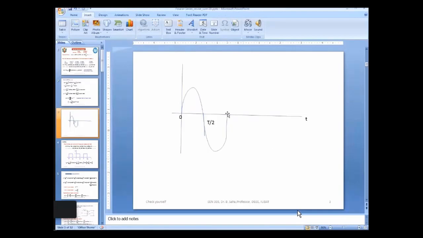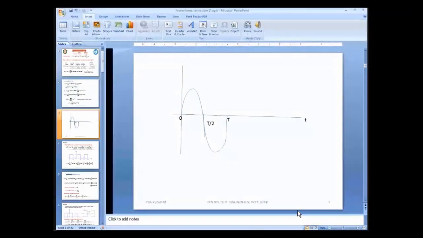So here it is going to be T. So this is one cycle. So the A0 becomes 1 over T, 0 to T, x of t dt. This is going to be the formula of A0.